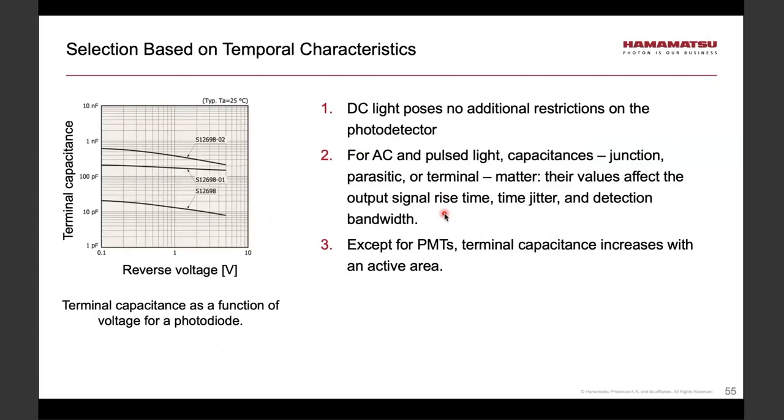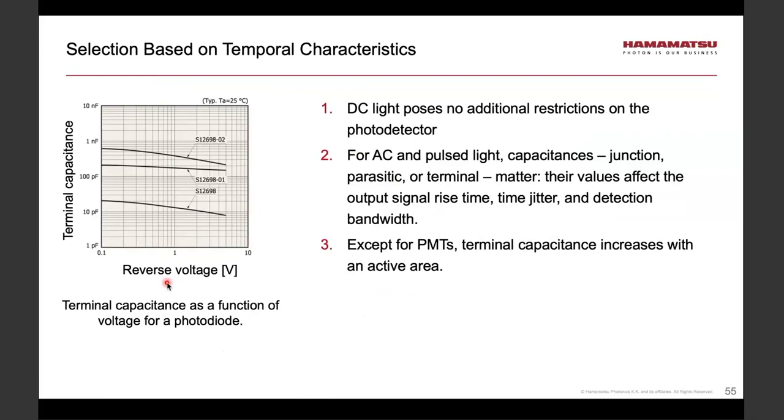Now, what about if frequency is important or temporal behavior? In this case, one has to watch for terminal capacitance, since that terminal capacitance will affect the bandwidth of the detection. For PN junction devices, terminal capacitance is a function of reverse voltage, but also a function of active area.